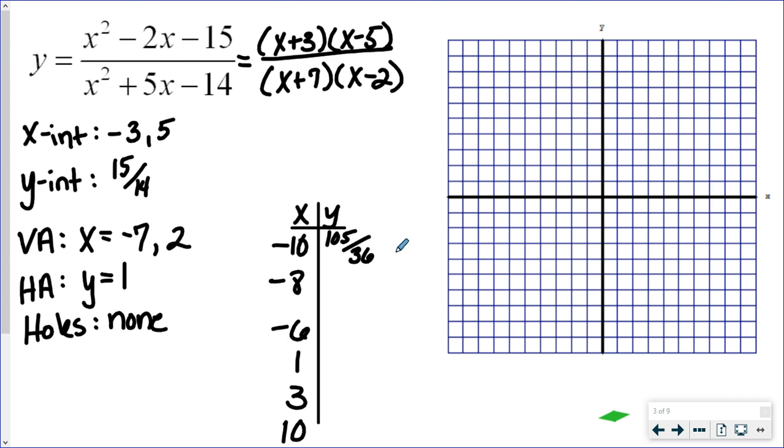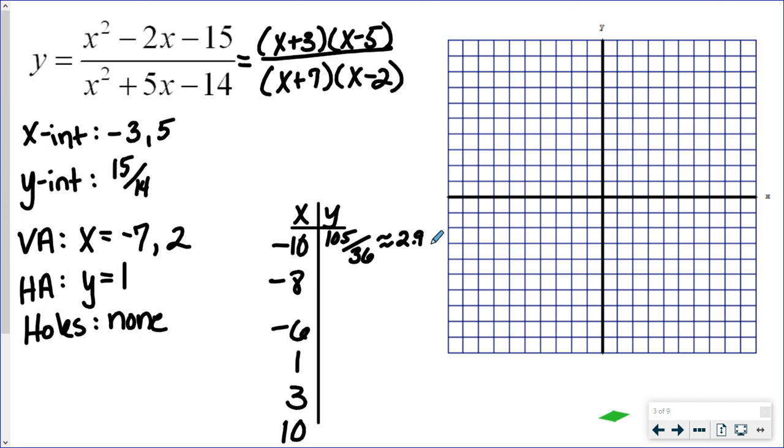What's that pretty close to? 3. Yeah, it's very close to 3. All right. 108 over 36 would be 3. So it's just under 3, right? And if you want to kind of put that off to the side, you certainly can, right? We'll just say anything under 3 is fine, 2.9-ish, 2.8-ish. I'm not too picky about that, right?